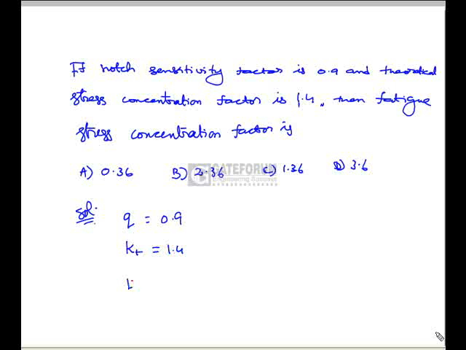Then the fatigue stress concentration factor is given by Q into (KT minus 1) plus 1. Here Q is 0.9 and KT is 1.4, so 0.9 into (1.4 minus 1) plus 1, which is equal to 1.36. The right answer is C. C is the correct option.